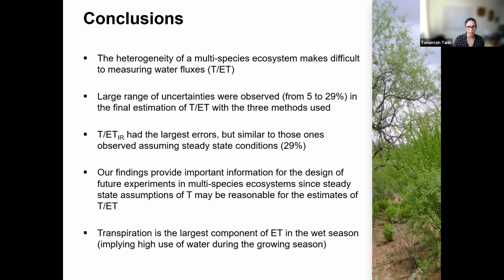So these findings are important because they help us to design new experiments. And we also know that it can be okay if we assume steady state conditions to partition T over ET. And for this ecosystem during the wet season, transpiration was the largest component.